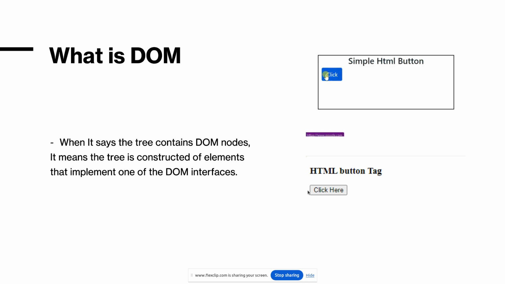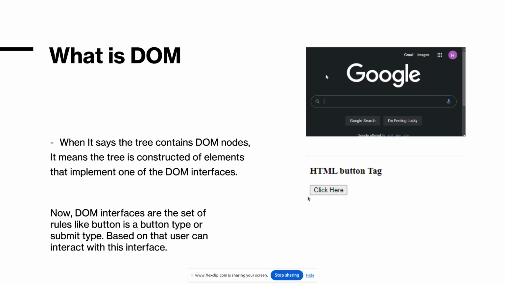When you click it, there are some rules. For example, there can be an action because there's a button type and a submit type. So DOM interfaces are a set of rules. Like I just said, a button is a button type or a submit type. Based on that, you can interact with the interface like this.